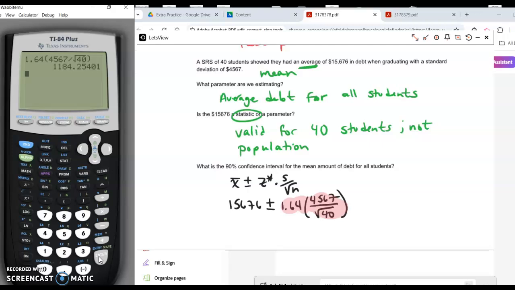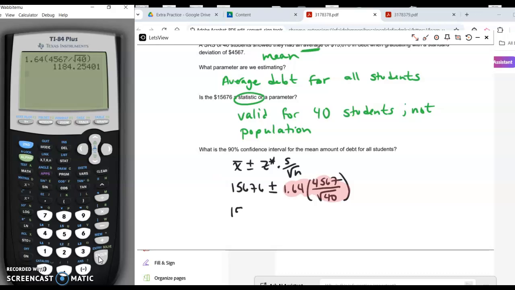So this is going to yield 15,676 plus or minus 1184.25.